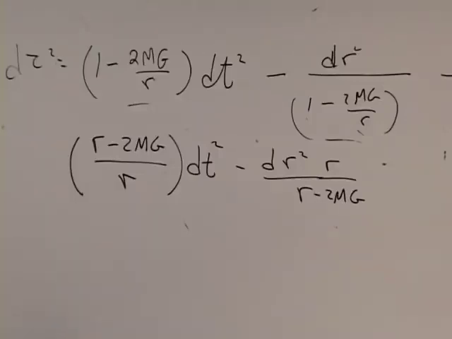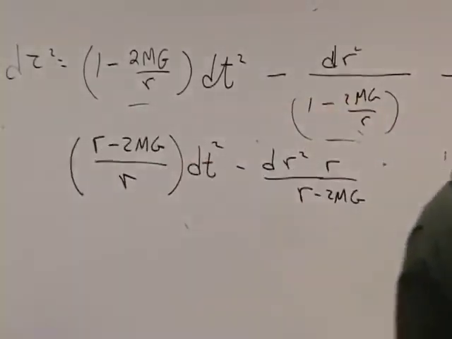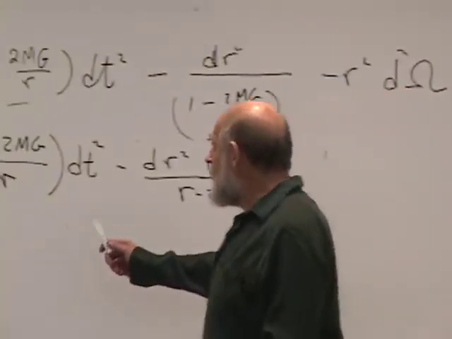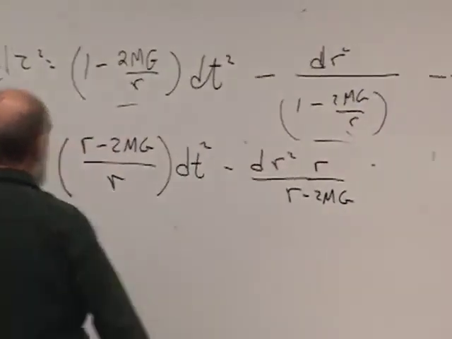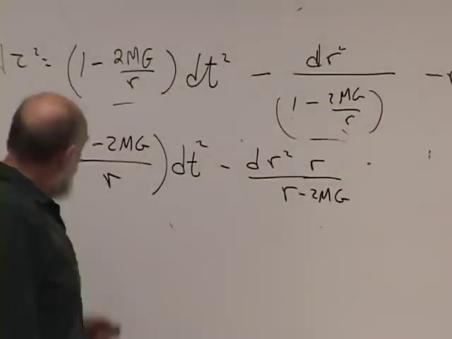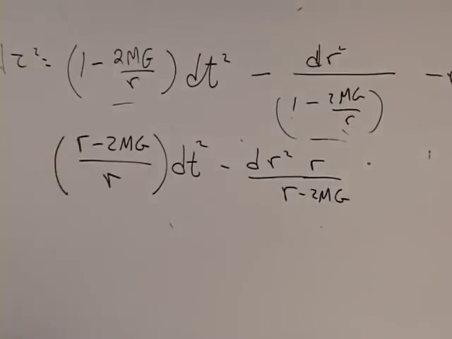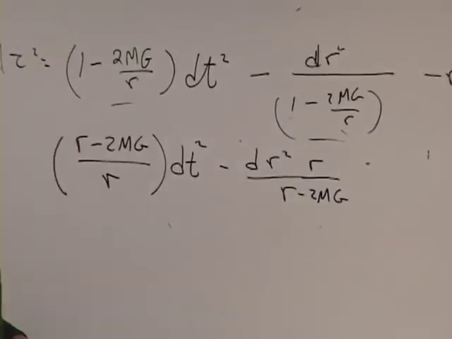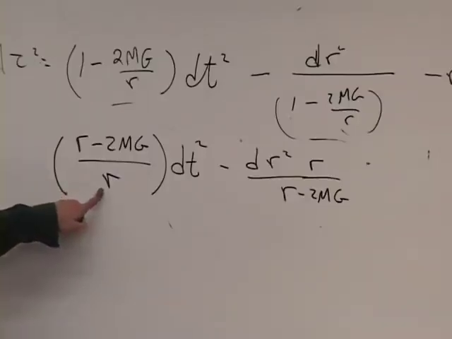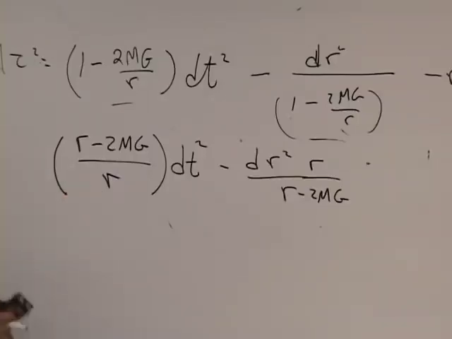Let's suppose the Schwarzschild radius, 2mg, is a kilometer, and I move in and out by a millimeter. What happens to r? Well, it changes from a kilometer to a kilometer plus a millimeter, a negligible change in r. So I might as well just write that r is equal to 2mg over here.